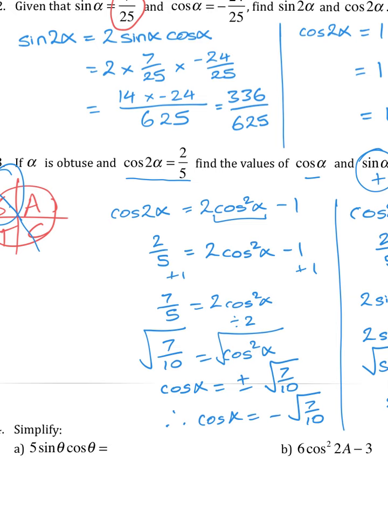I'm afraid you wouldn't get all the marks if you stopped here or here. You need to realize that because alpha is obtuse, we're in the S quadrant, so cos alpha will be negative and sine alpha is positive. So that was a very important bit of information.